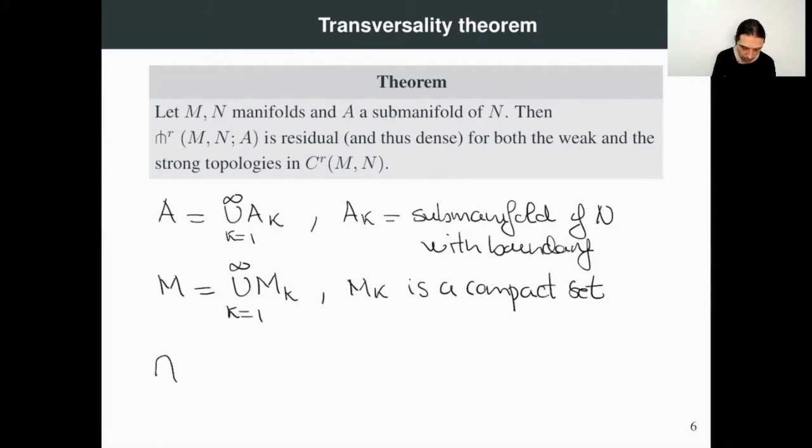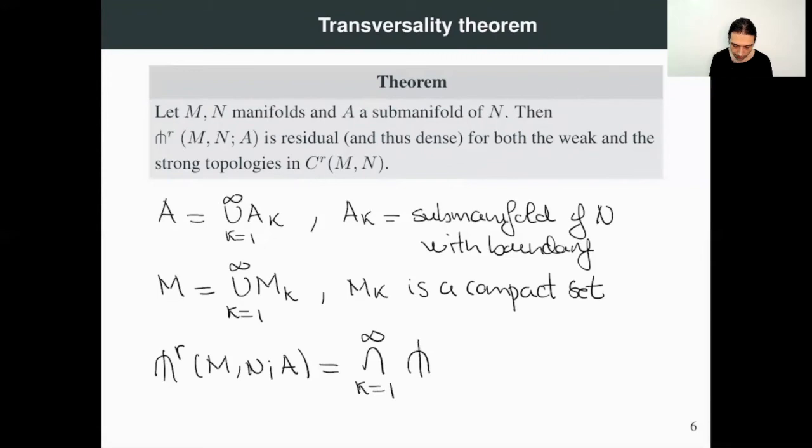Now, what we have is that the set of CR maps that are transverse to A is the intersection, for every K, of the set of CR maps that are transverse to AK along MK. We can consider here different indexes.